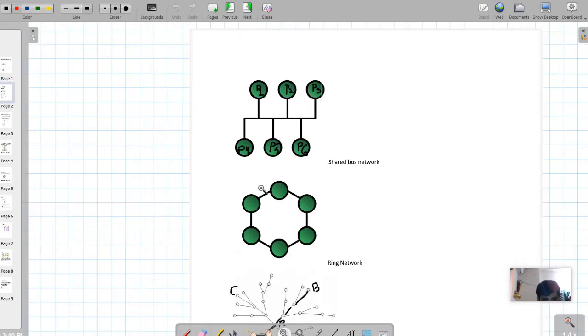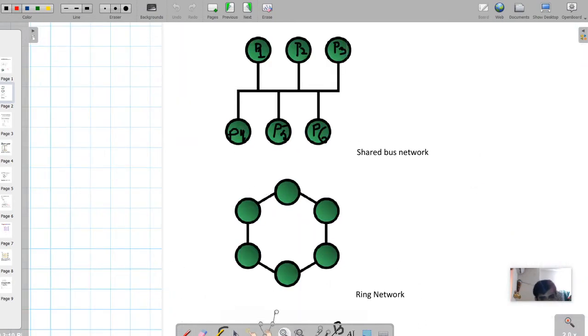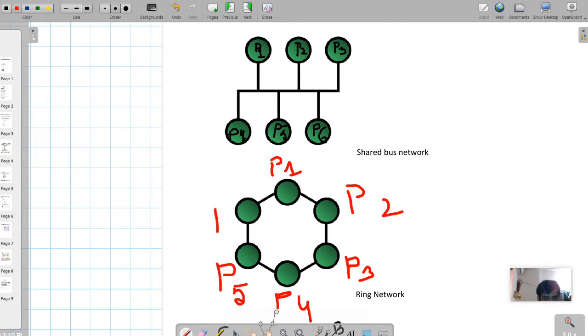If you look into the ring connection, for the time being, say processor P1 is communicating with processor P3, and this is processor P2, P4, P5 and P6. Our assumption is that processor P1 is communicating with processor P3.